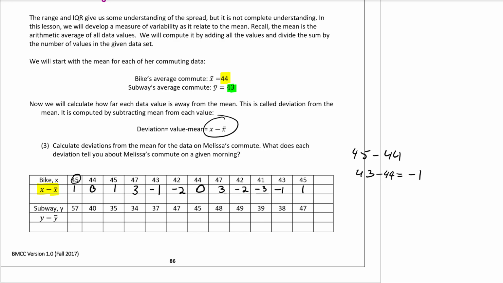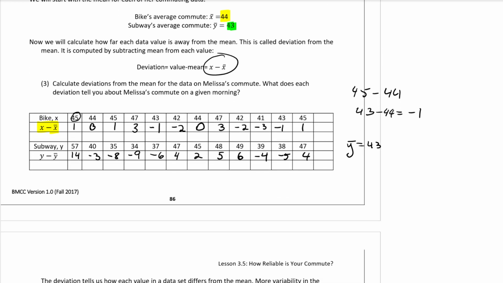Let me give you a moment so you can compute the deviation for the subway ride, where the average is 43. Okay, in a moment you're going to see all of this filled out for the subway. Here they are. Again, if you can print the lesson, then just copy the whole table the way you see it, because we'll need it in order to do our calculations for what we're trying to develop here.